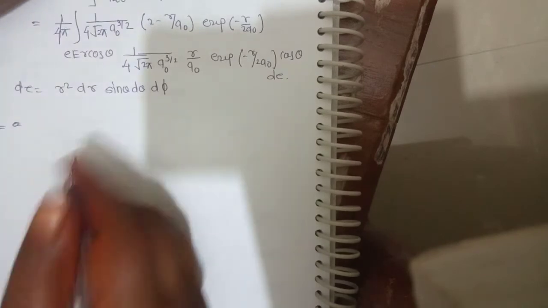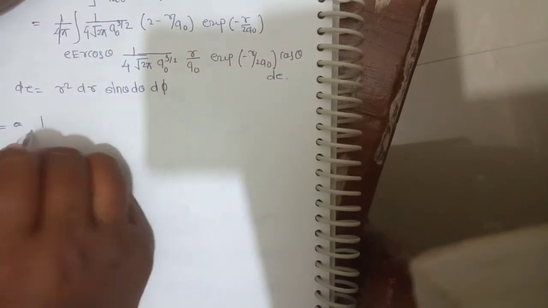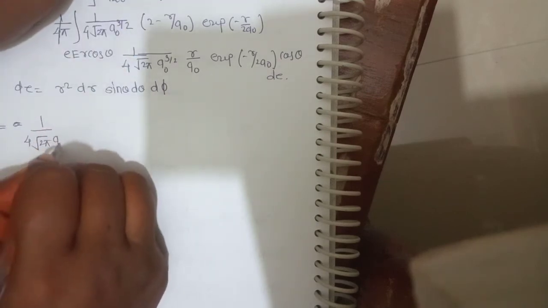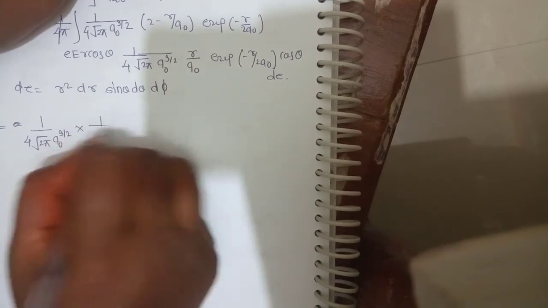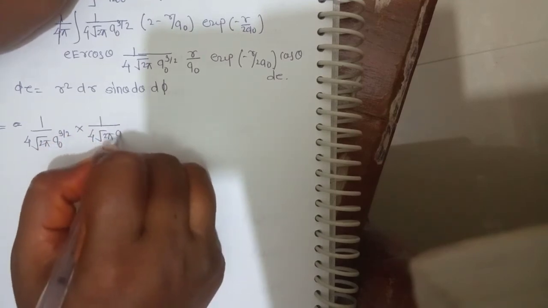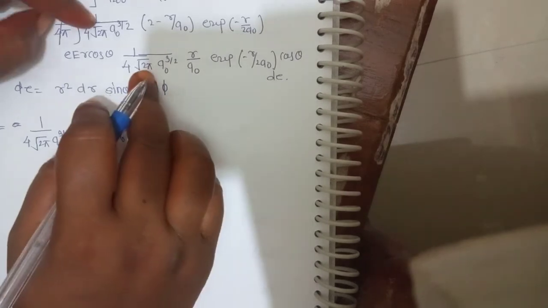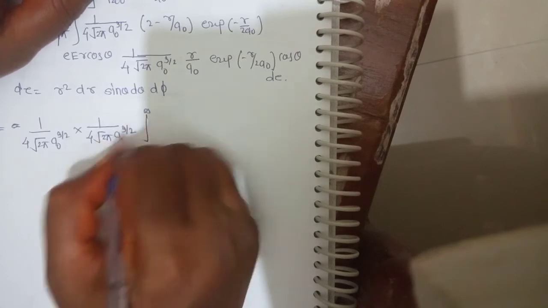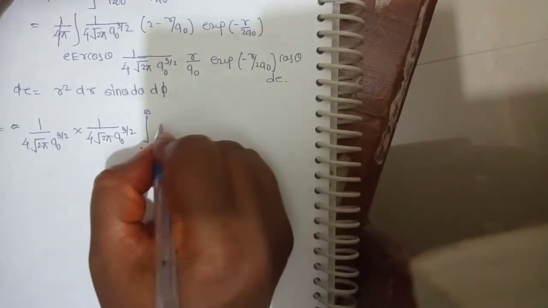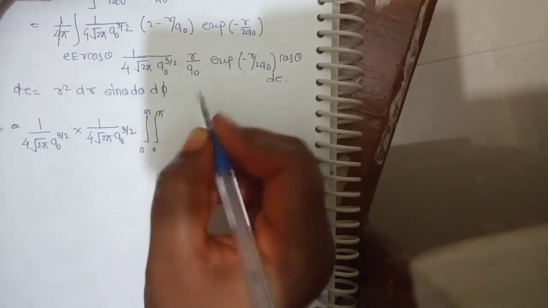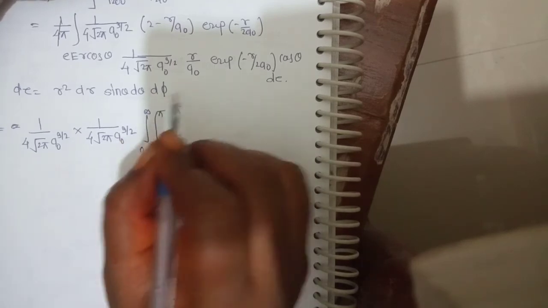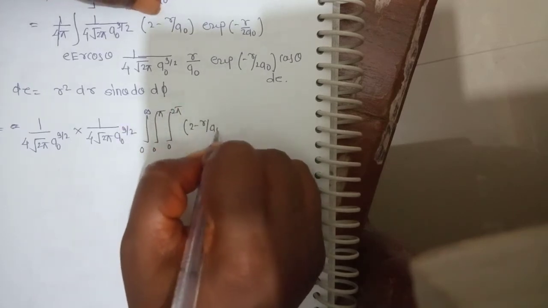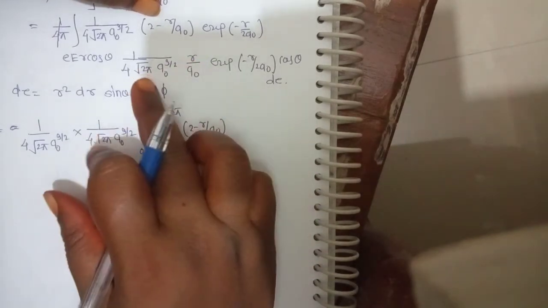First take all the constant terms outside the integration. These two terms are constant. So first write 0 to infinity as limits for r, 0 to pi for theta, 0 to 2 pi for phi. After that, a naught. Again, is there any r term?